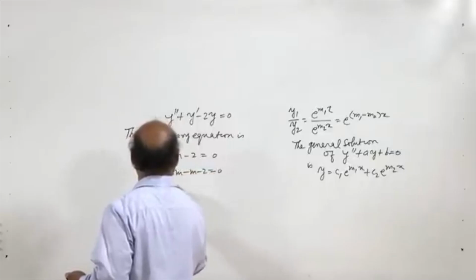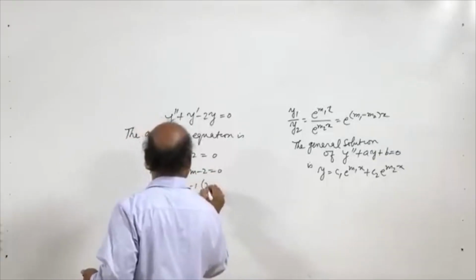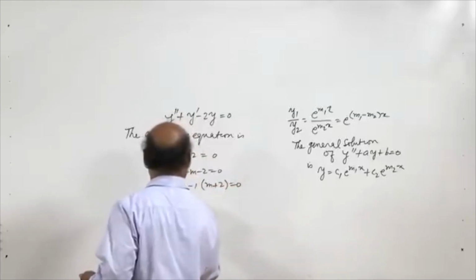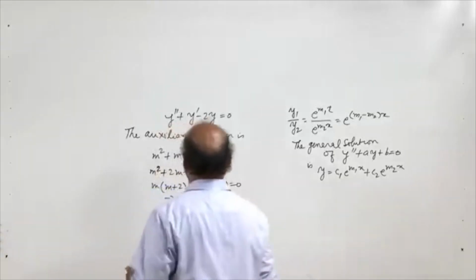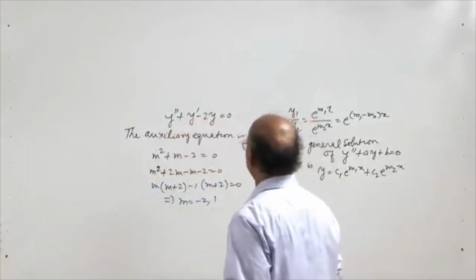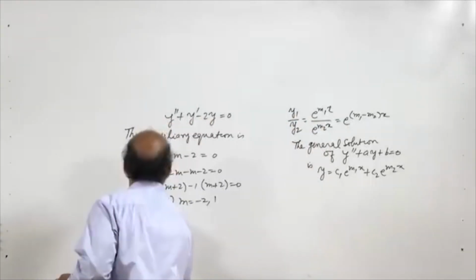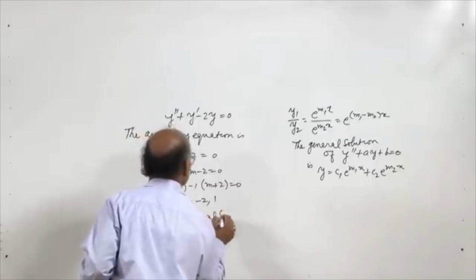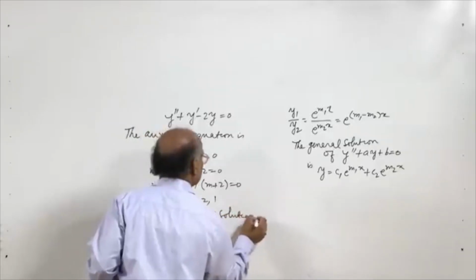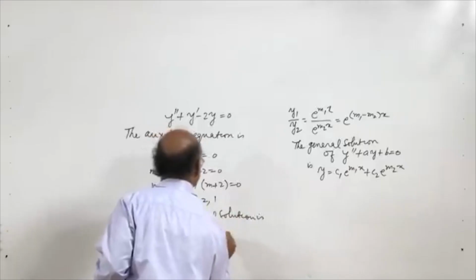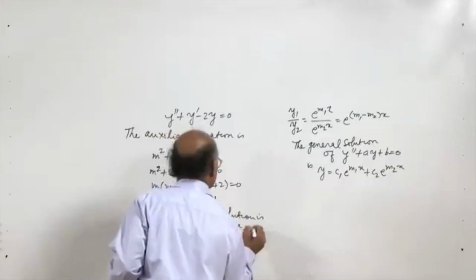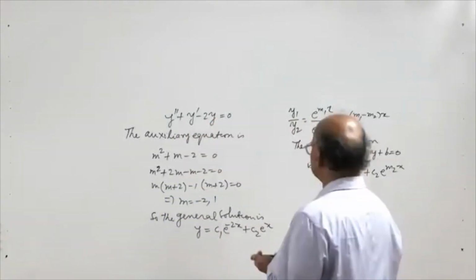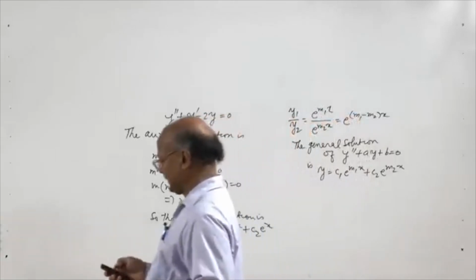This will give you the roots m equal to minus 2 and 1, which are distinct roots, and so the general solution of the given equation will be y equal to C1 e to the power minus 2x plus C2 e to the power x.